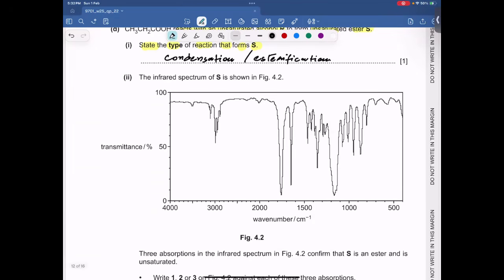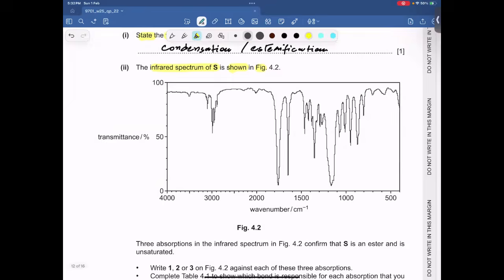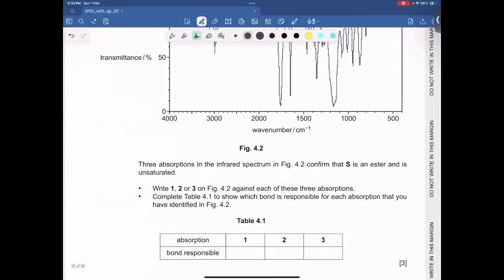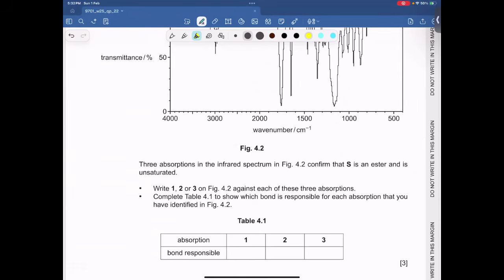Okay. The infrared spectrum of S is shown in figure 4.2. Three absorptions in the infrared spectrum, figure 4.2, should confirm that S is an ester and it's unsaturated. If it is unsaturated, obviously it must have a double bond between carbon atoms, which means the infrared frequency appears at 1650 centimeter inverse roughly, all right?